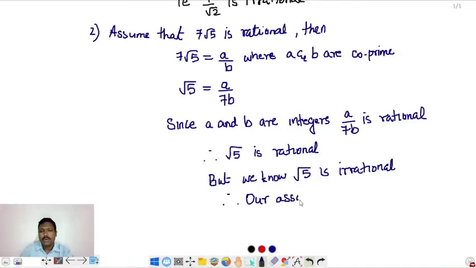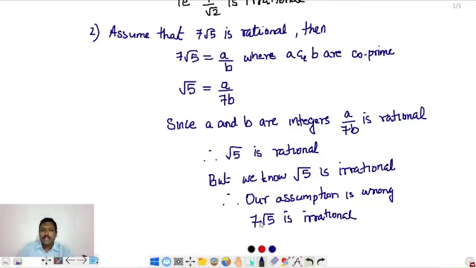What we have assumed is wrong. That is, 7 root 5 is irrational. It is not a rational number, it is an irrational number.